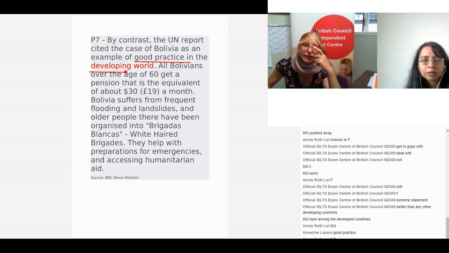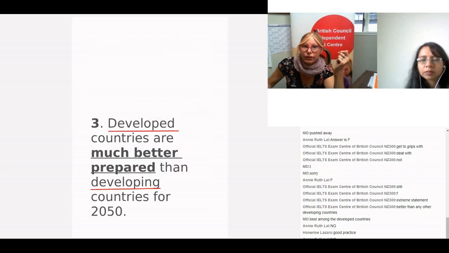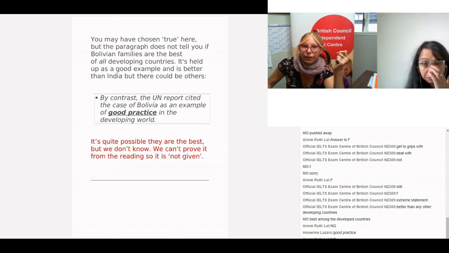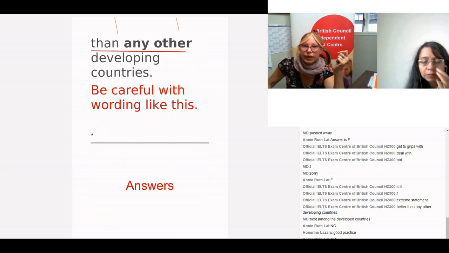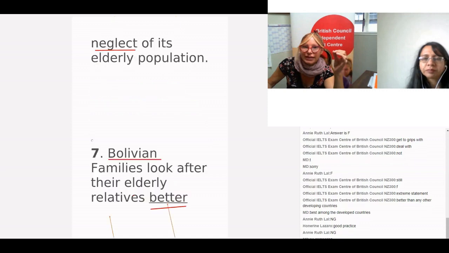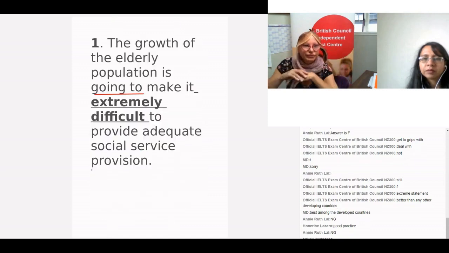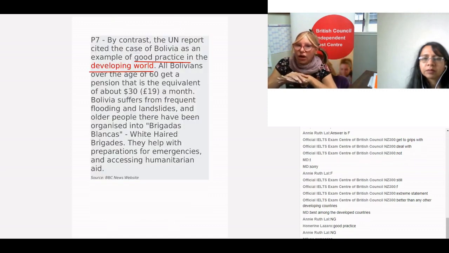And developing world is what we need now, but we need more information to answer this question. We need information about the best in the world, in the developing world. Bolivian families look after their families better than any other developing countries. Okay, so we need to go back and see if we can find anything about other developing countries. There's no comparing. Good. There's no other mention of other developing countries who are doing the same sort of thing.